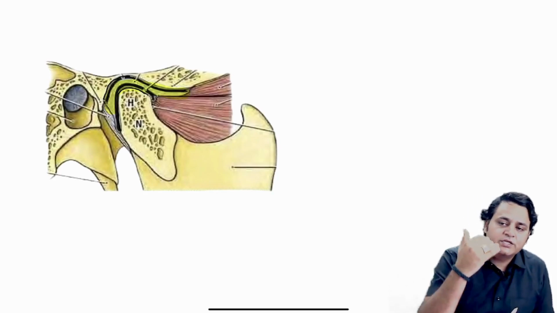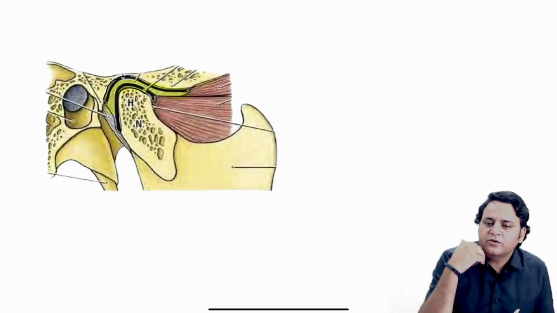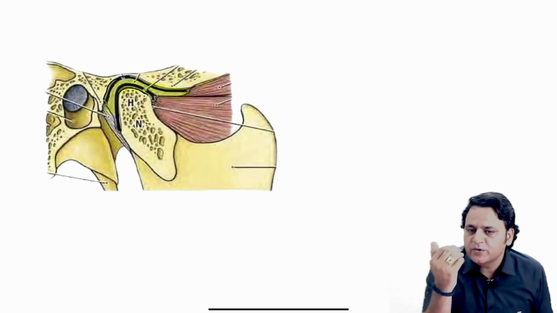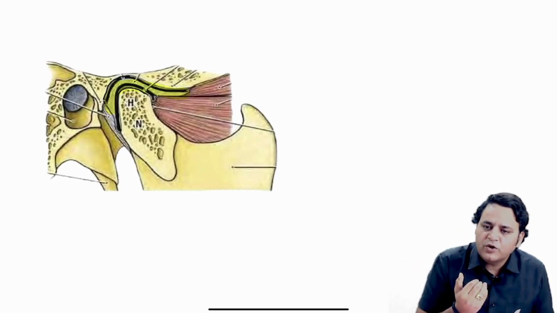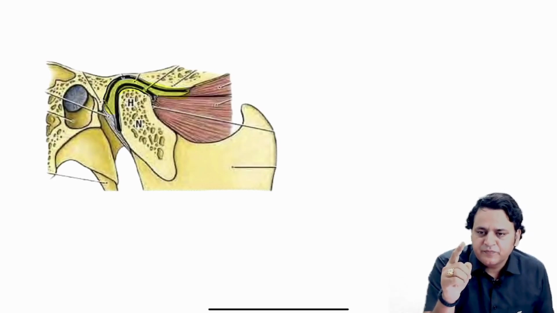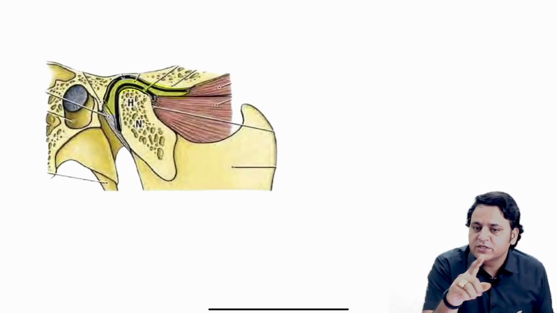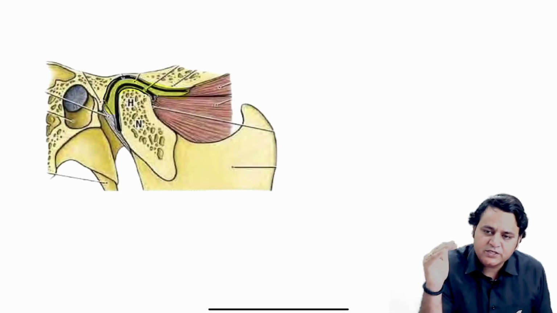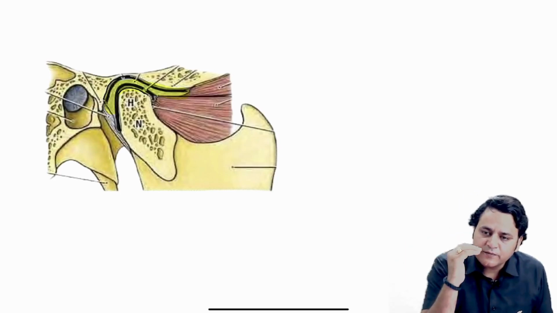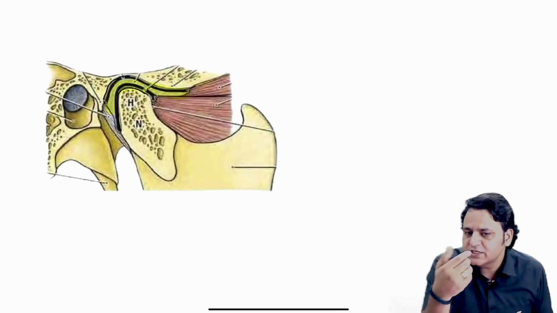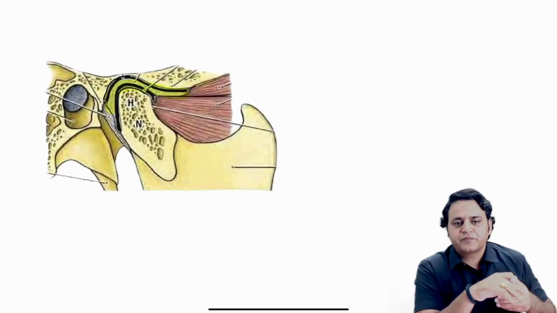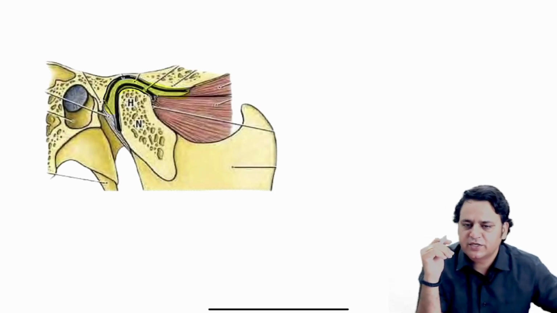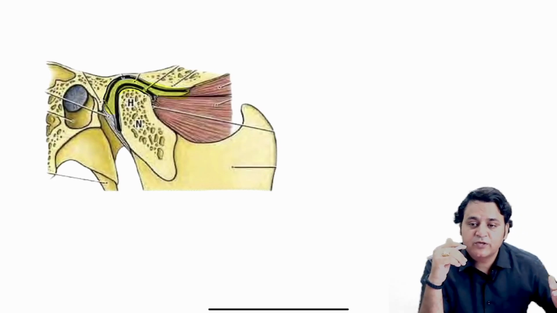But when there is a rotatory movement like opening or closing of the mouth, the mandible goes down or upward. At this time the articular disc does not move with the head of the mandible; it remains fixed. So the friction occurs in the lower surface of the articular disc. This is a very peculiar feature.